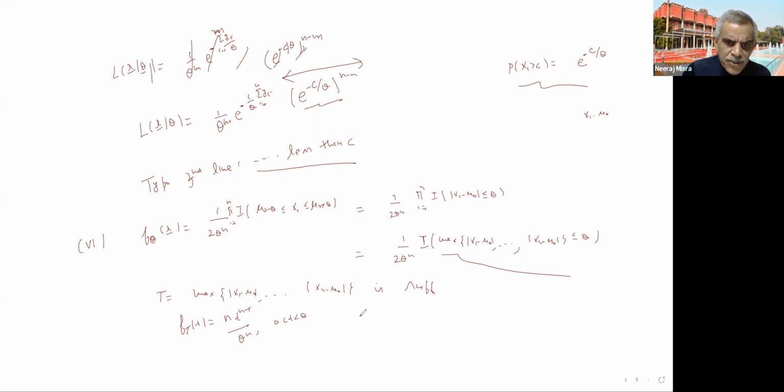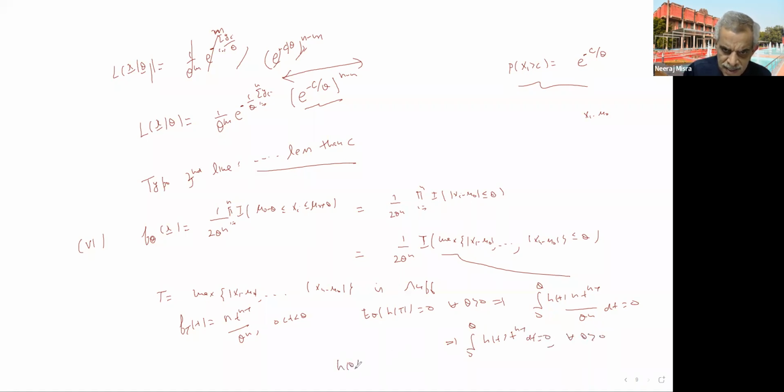And this is complete, you know that, because you can look at the expected value of h of t equal to 0 for every theta greater than 0, which implies that the integral from 0 to theta of h(t) n t to the power n minus 1 by theta to the power n dt is 0, which implies that the integral from 0 to theta of h(t) t to the power n minus 1 dt is 0 for every theta positive.